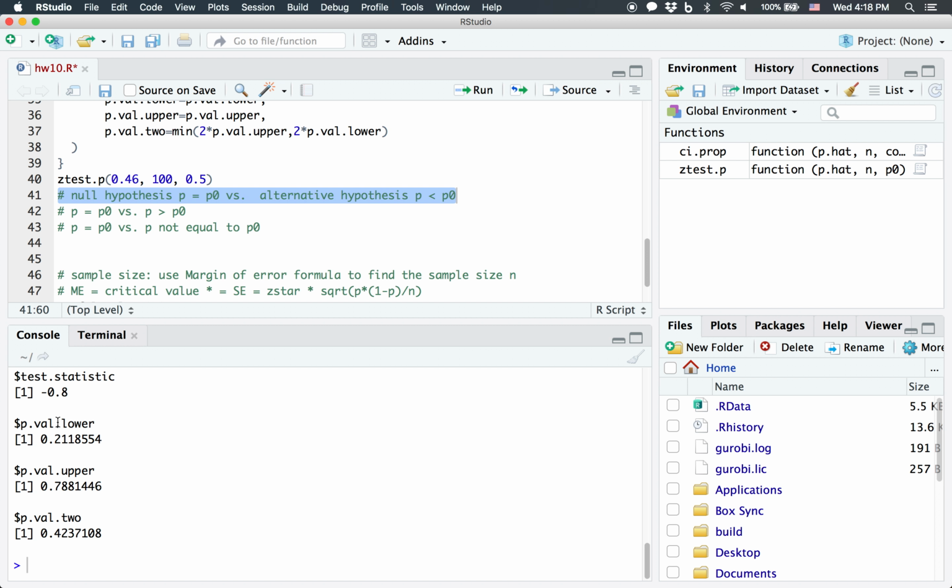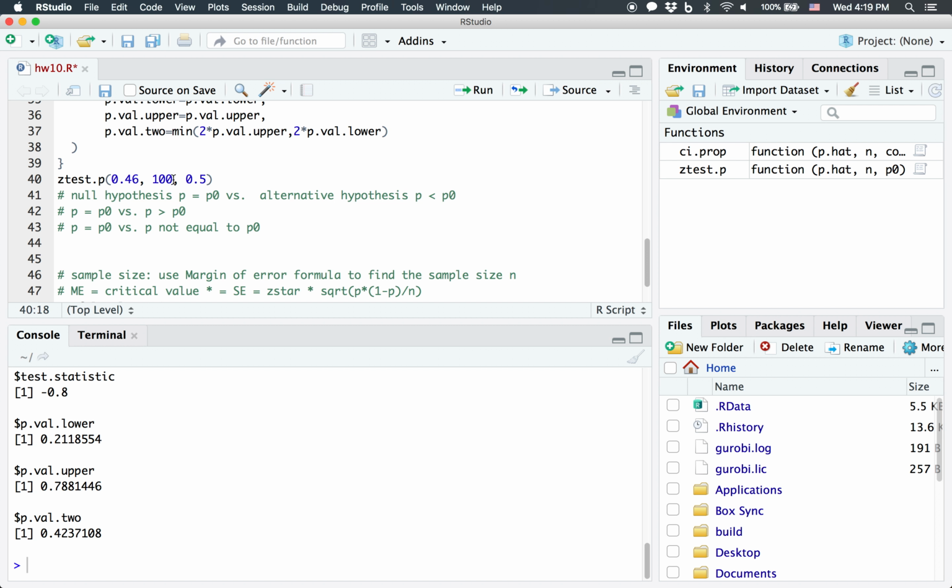By comparing the p-value and the significance level, since our p-value is greater than the significance level, we do not have evidence to reject our null hypothesis, which is that the population proportion is equal to the hypothesized population proportion, 0.05.